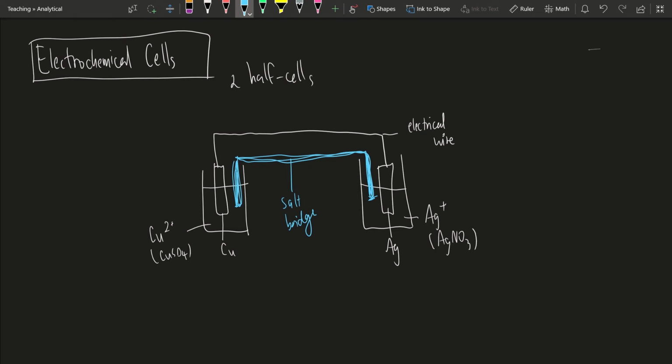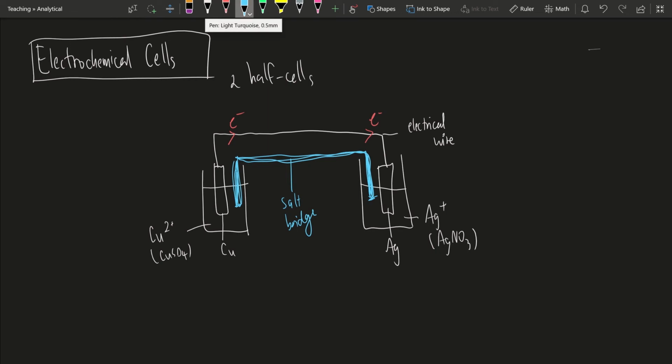So what's gonna happen is that once there's the electron flow, in this case, we know that the electrons from the copper half cell gonna flow to the silver half cell. So we may write it as this. Electrons here go to here. So you're gonna have more negative charge at the silver half cell, so we need more positive charge at the silver half cell.